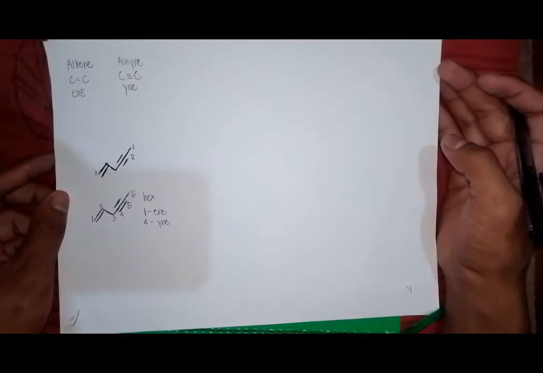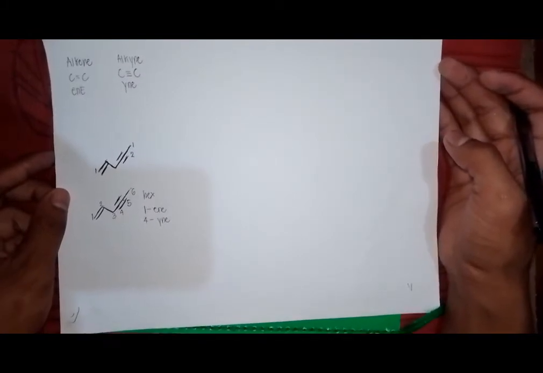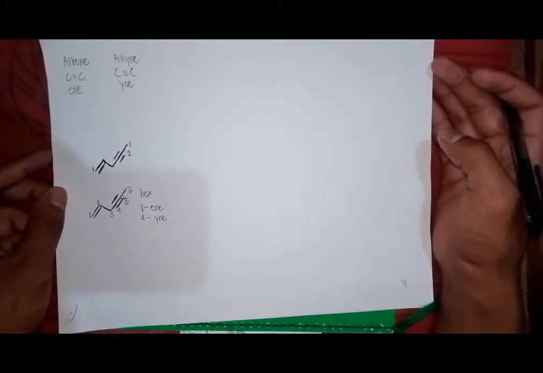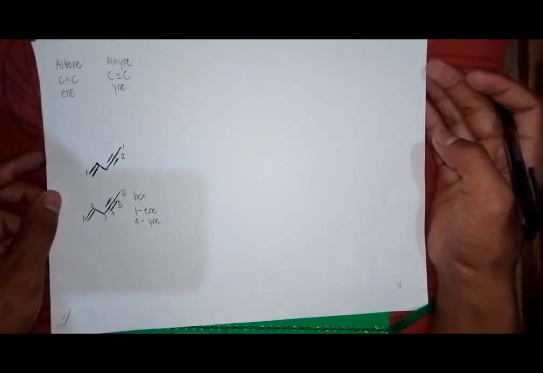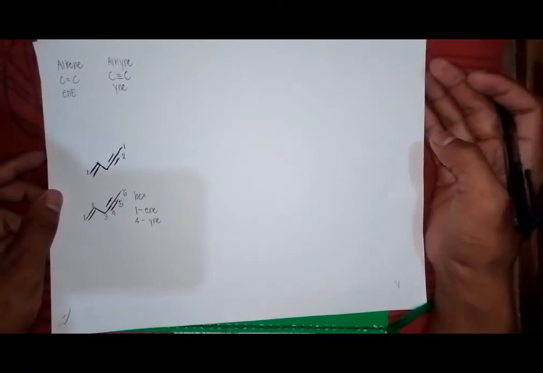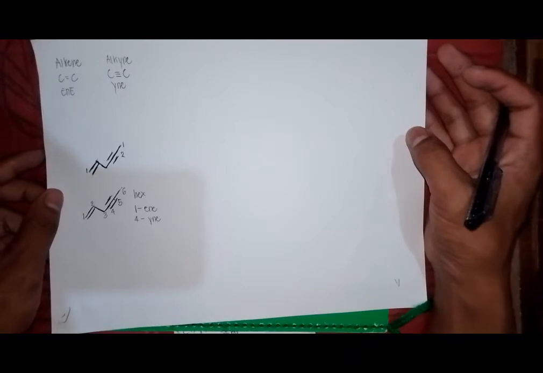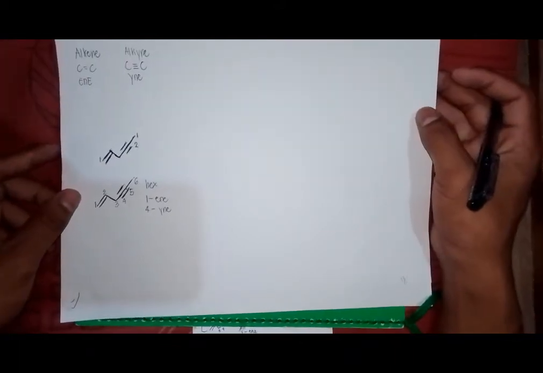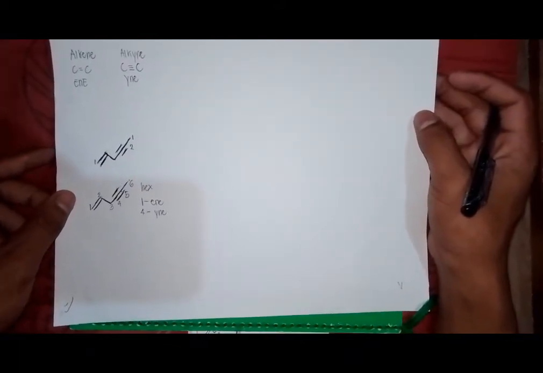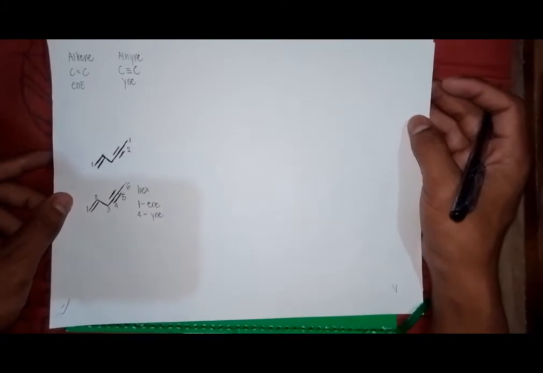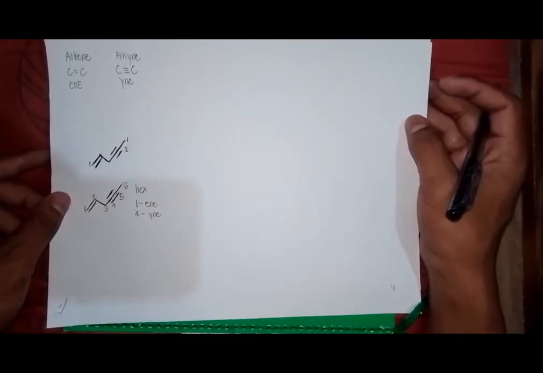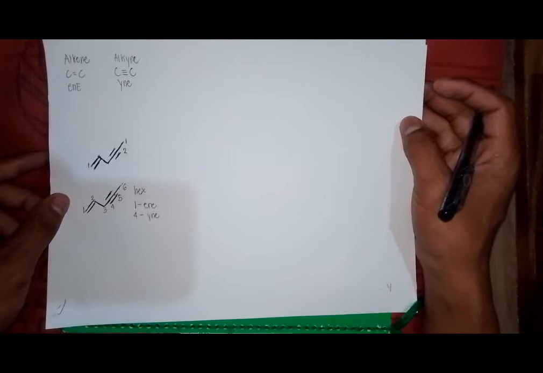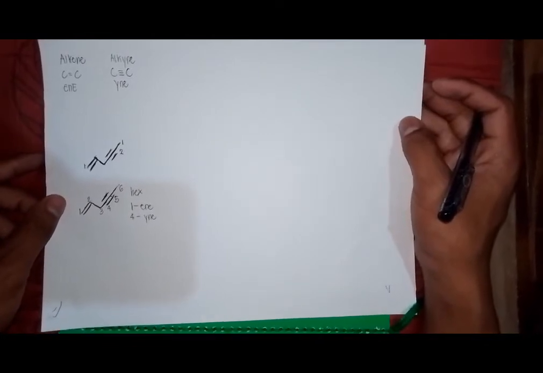I get 1-ene for the double bond and 4-yne for the triple bond. When it comes to putting the molecule together, ene gets a higher priority than yne in the naming, and that is because in alphabetical order, E comes before Y.